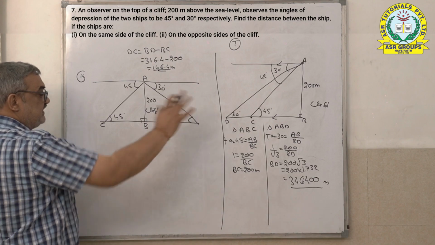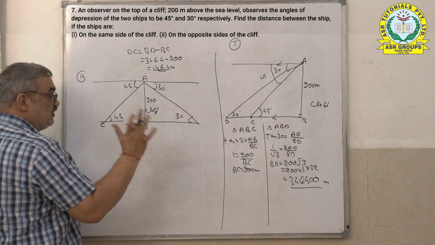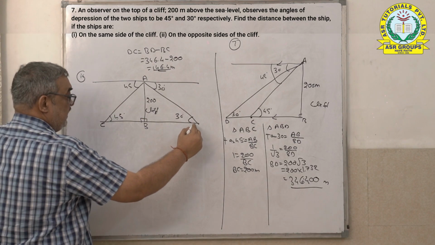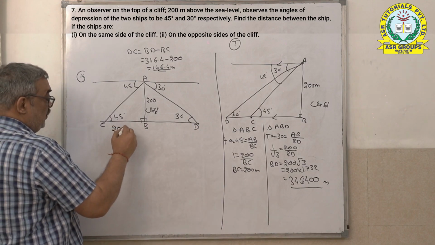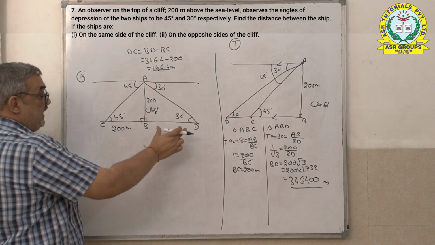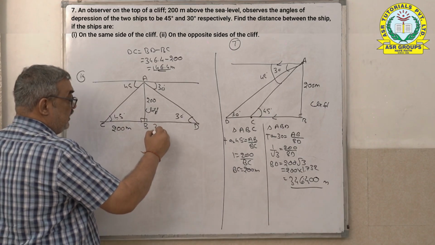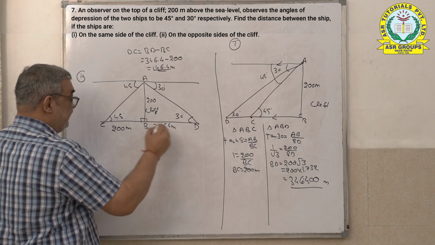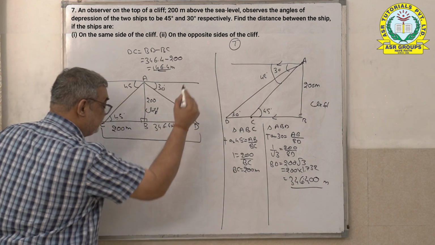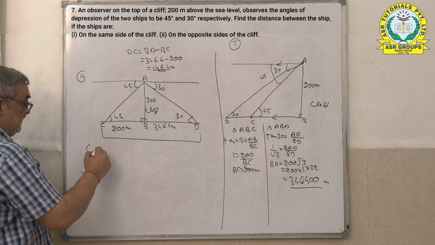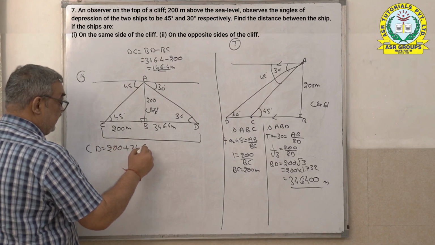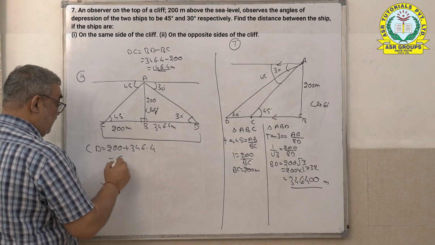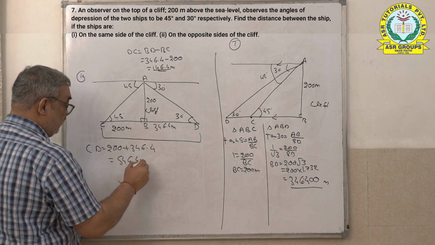I have done the calculation, you don't have to calculate again. The BC I calculated is 200 meter, BD is 346.4 meter. What is this distance? So here CD is 200 plus 346.4, 546.4.